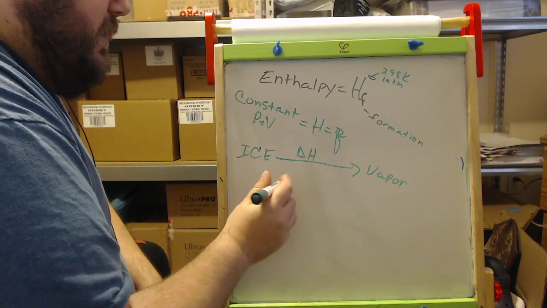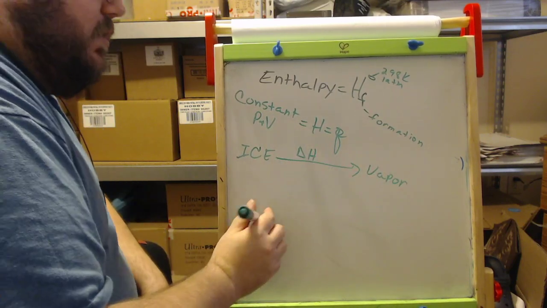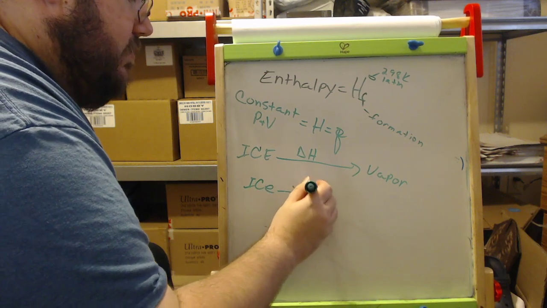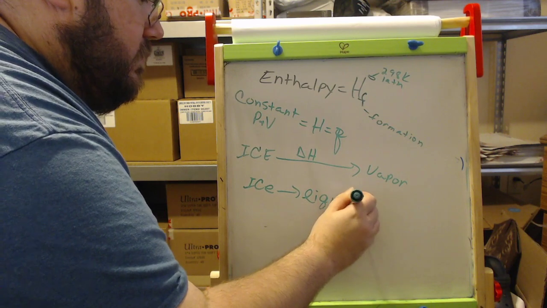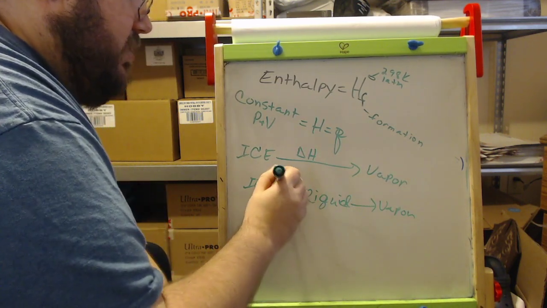If I were measuring it in Q, that's not a state function. I'm worried about where I started and where I ended. If I were looking at Q, I'd have to go ice to liquid to vapor. And look at the change in Q.